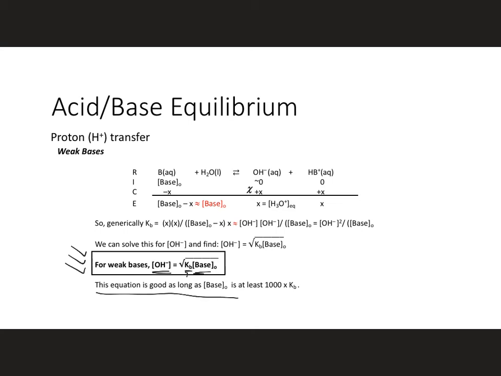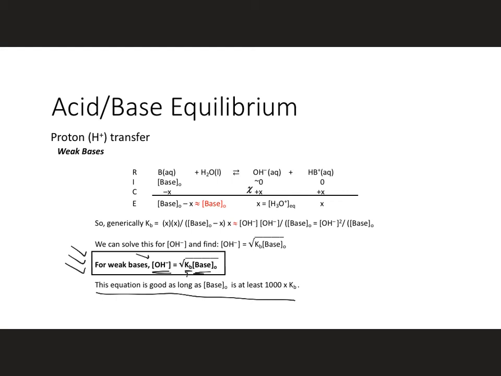And again, this equation is going to be good as long as the base concentration is at least 1,000 times the Kb. So if I know my initial concentration and I know Kb, I can get an approximate value for hydroxide. When I have hydroxide concentration, I can calculate pOH, and from pOH I can get to pH.